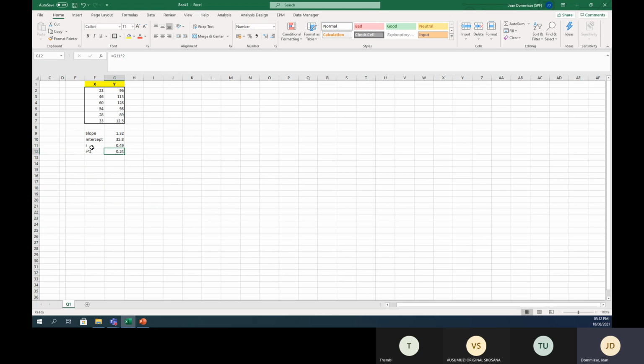So we've got R and R squared. This is interesting. That is wrong, should be the square root. No, it is right.